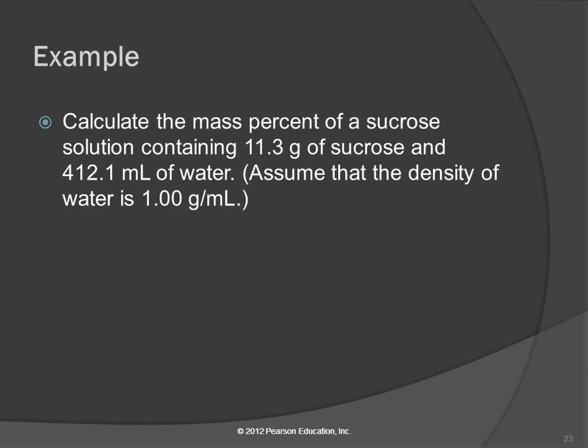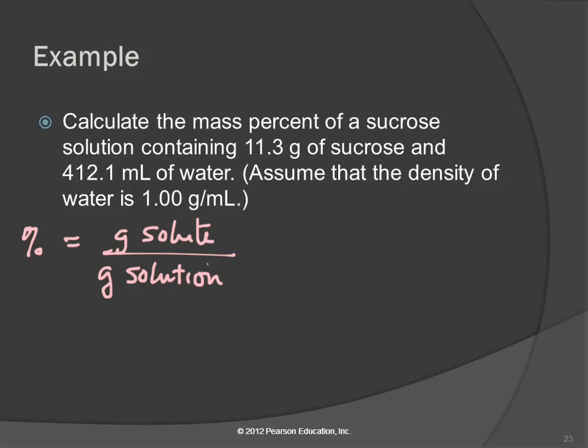So they're asking us for mass percent. So then we say, well, what is mass percent? It's going to be the grams of solute divided by the grams of solution times 100.